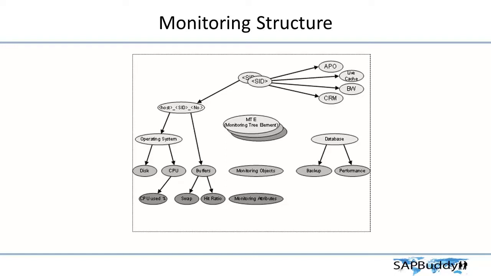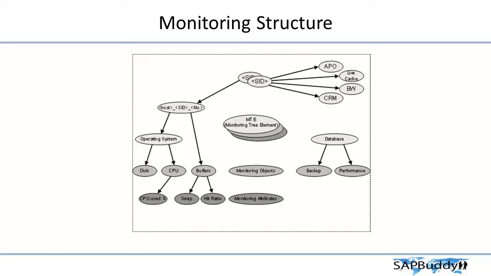Then we have the host system, SID with the instance number. Then it drills down to the operating system. You can see disk and CPU, the CPU usage and other parameters of CPU, and then you can also see the buffer and swap space, hit ratio, and we have MTE, that's the monitoring tree element.